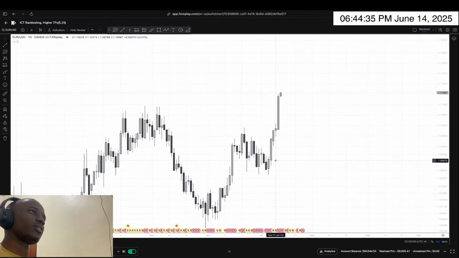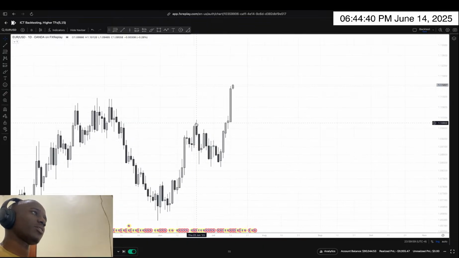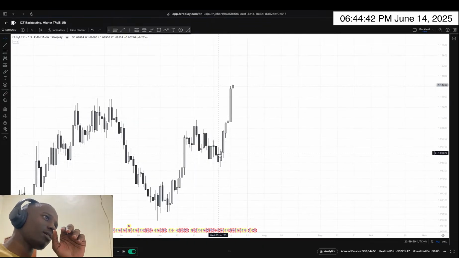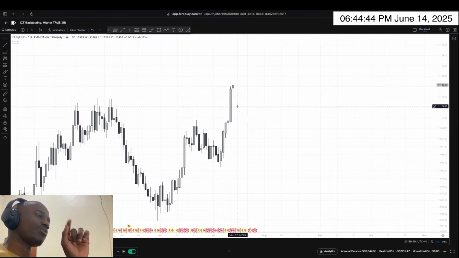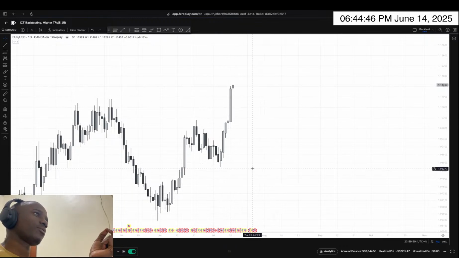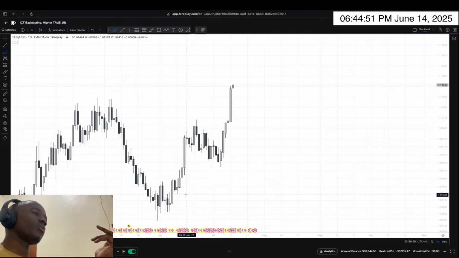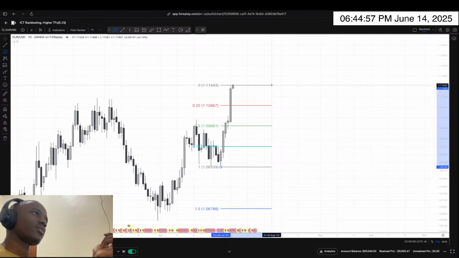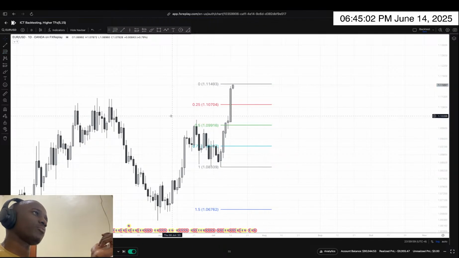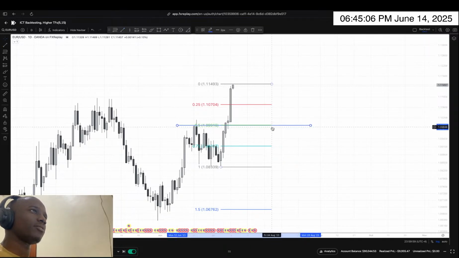So first of all, on the daily, you can see that we have really big fair value gaps, and I would like to mark another block, because if we retrace, it is the possible order block that we would retrace to. But before we retrace, let's see why we would retrace. Obviously it's to rebalance price, which means I'll come from this low right here, and then right there you can see that the midpoint is right here, which means this is 0.5 on the daily time frame.